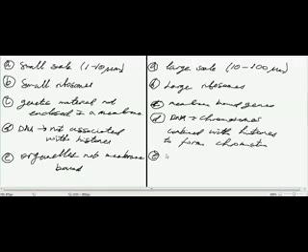While eukaryotic organelles are membrane bound.